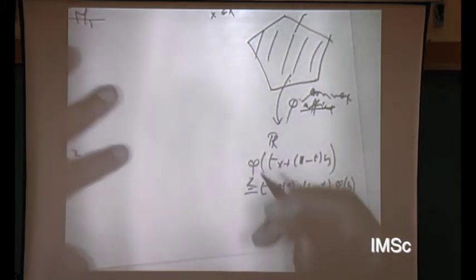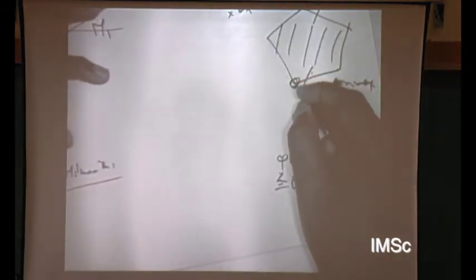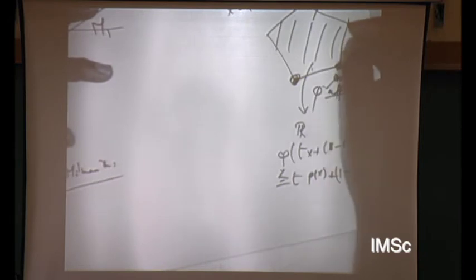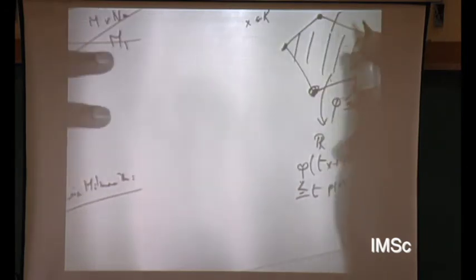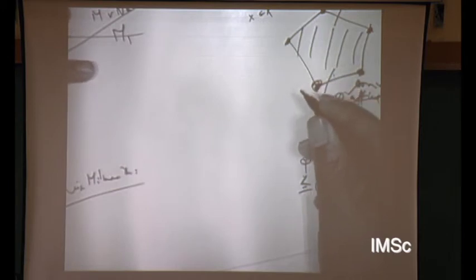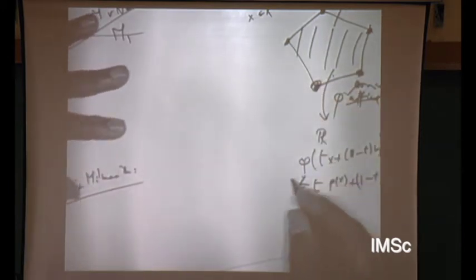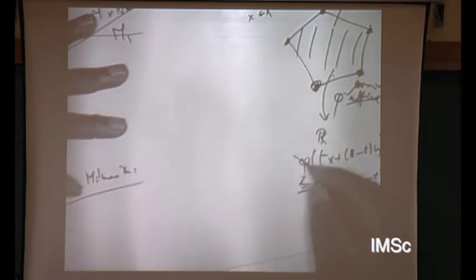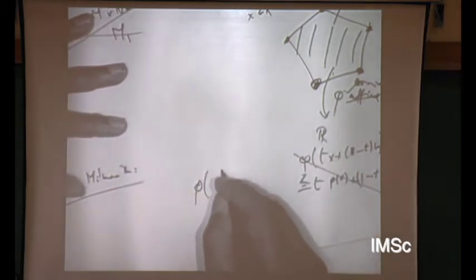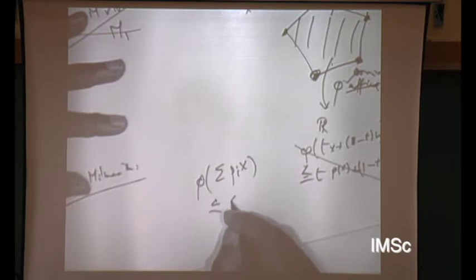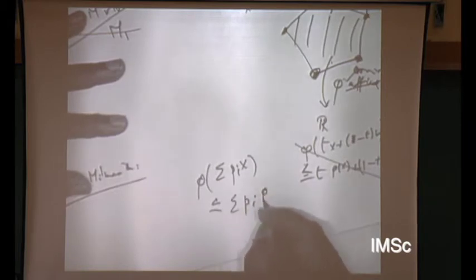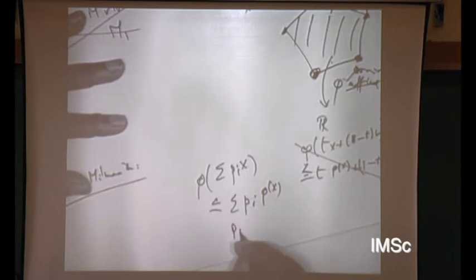So what this will show is that this is actually equal to, in this case, if you take these 5 points, these are the so-called extreme points of the set K. In fact, more generally than this, suppose you have phi of summation p_i x_i less than or equal to summation p_i phi x_i, where p_i are non-negative and summation p_i is 1.